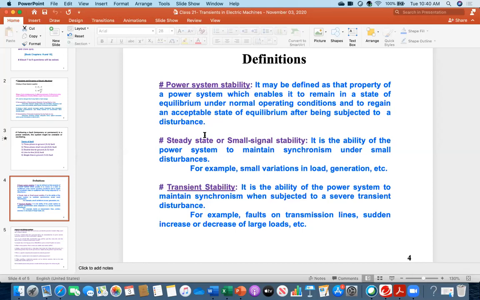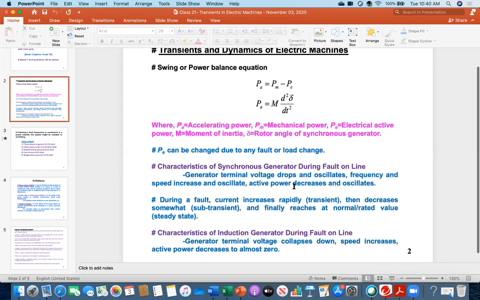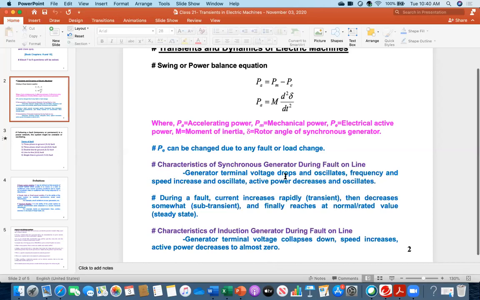A disturbance means any of those faults, like 3LG, 1LG, whatever it is. If a fault happens and the system can return back or regain the acceptable state. It says acceptable state because, as I was telling you, the voltage drops, in this case the voltage collapses.